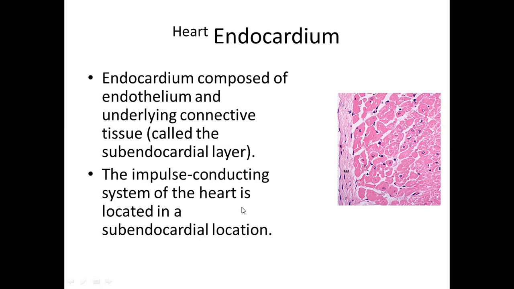And the important thing is that the impulse conducting system of the heart is located in this subendocardial layer of connective tissue. What is that conducting system? We will discuss it in detail in coming slides, and the major objective is to identify it.